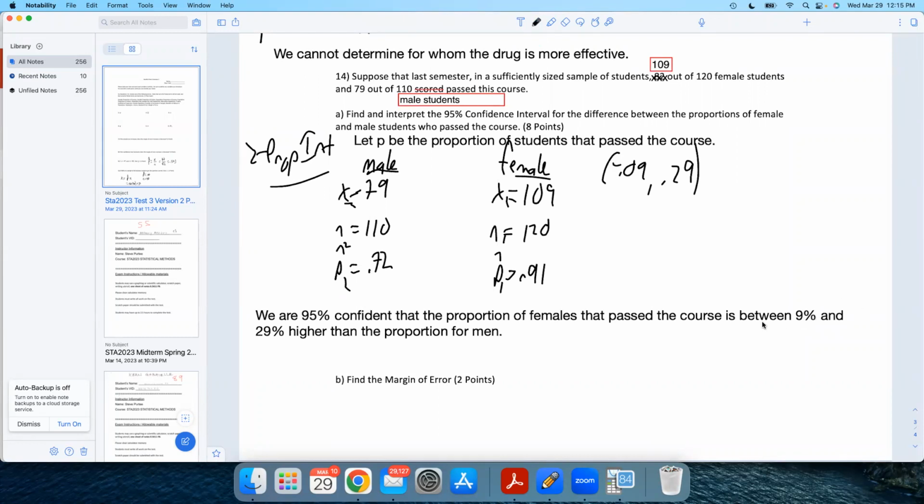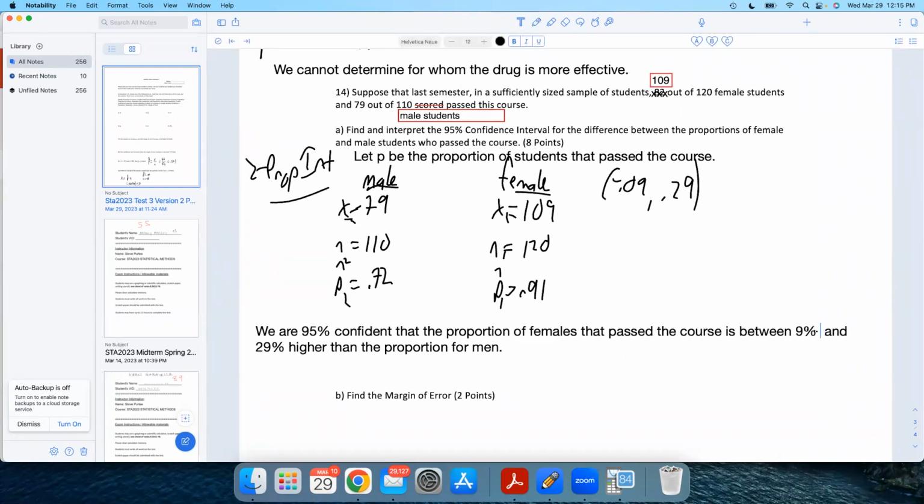Then we would have written between 9% lower and 29% higher. If you get a negative and a positive, then it's between the small one, the negative one lower, up to the positive one higher. Then you can't say who won.